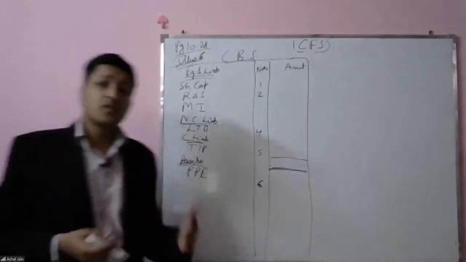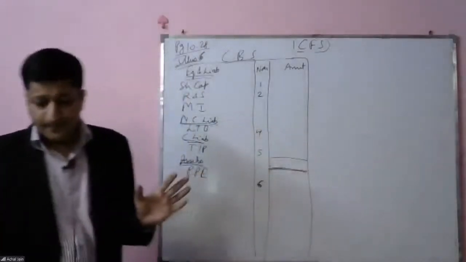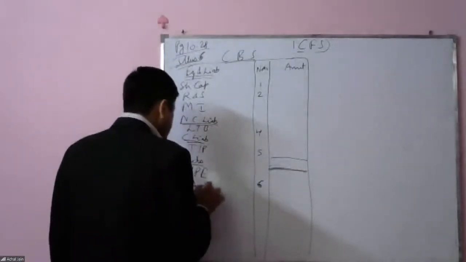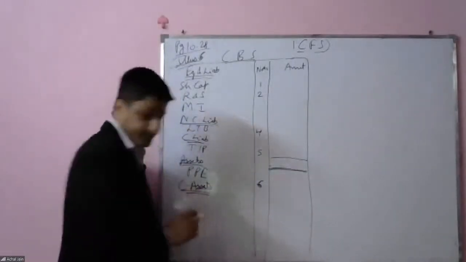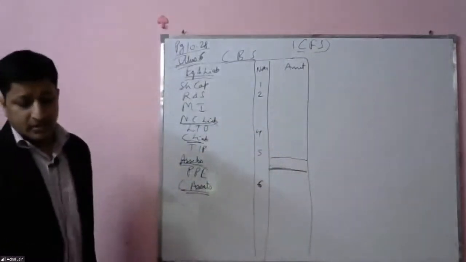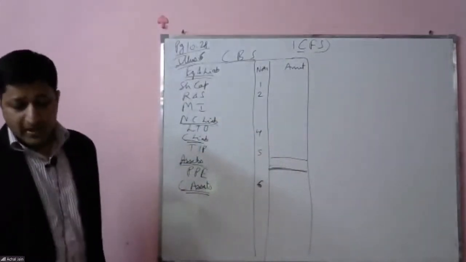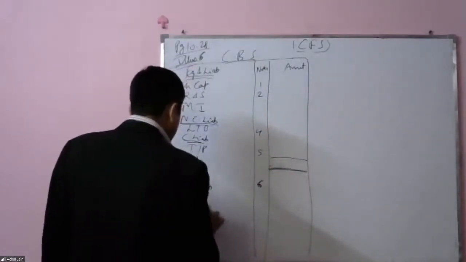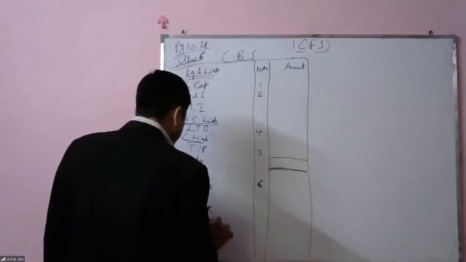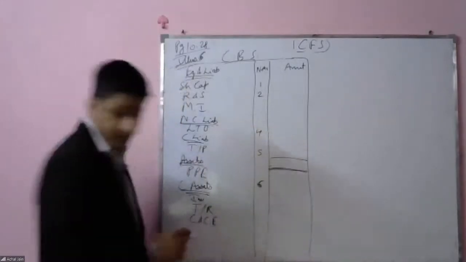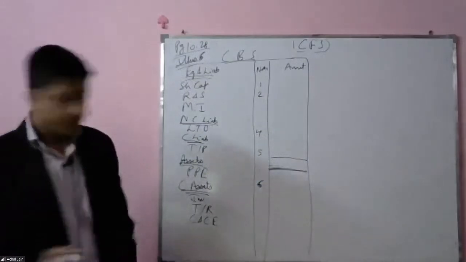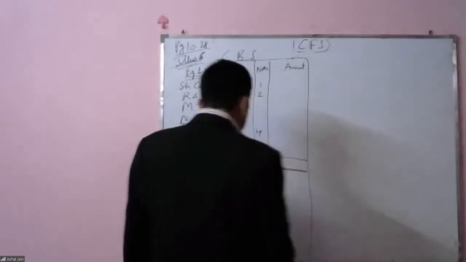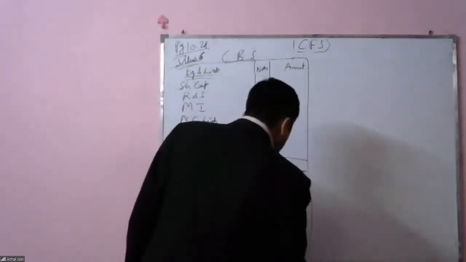In case in the exam you have a confusion, you can just leave space. Next, current assets. We have inventory, trade receivable, cash and cash equivalent. So this will be 7, 8, 9, and then of course the total.